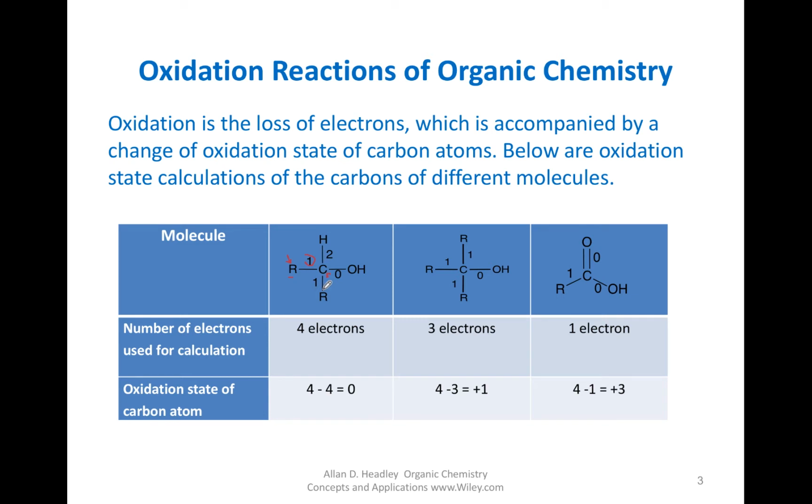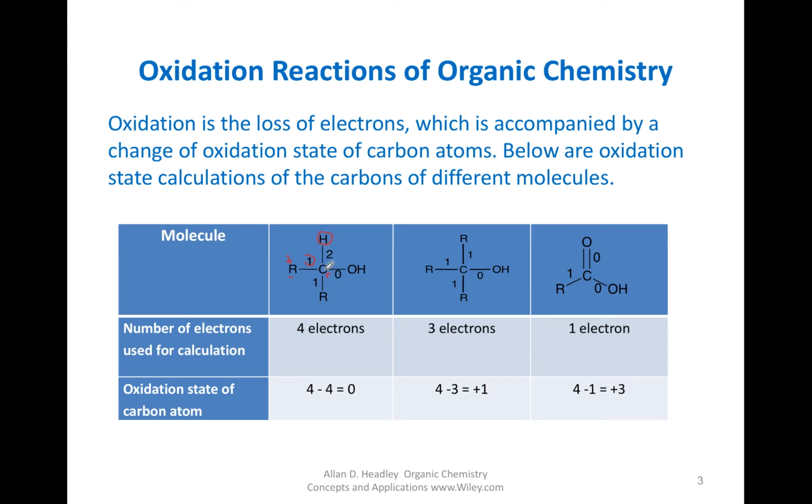Same here. If carbon is bonded to hydrogen, however, we know that carbon is more electronegative than hydrogen, so the 2 electrons for this covalent bond, we assume that it is more associated with this carbon. So here we have 2 electrons that are associated with this carbon for this bond.